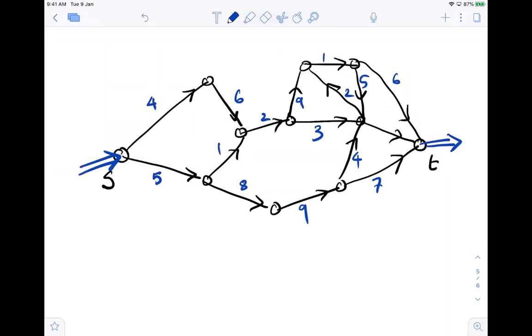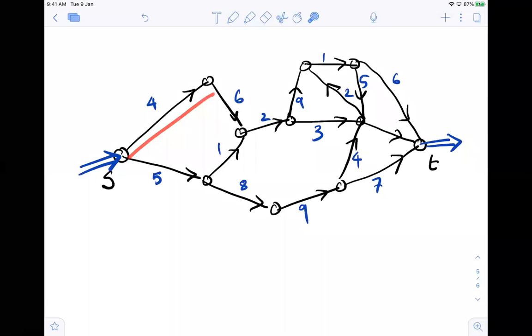Between stations you have pipes, but that is not an unlimited amount of water. This pipe on one day can only allow 4 units of water. This pipe can only have the capacity of sending 5 units of water. This one has capacity of sending 1 unit of water, and so on and so forth.